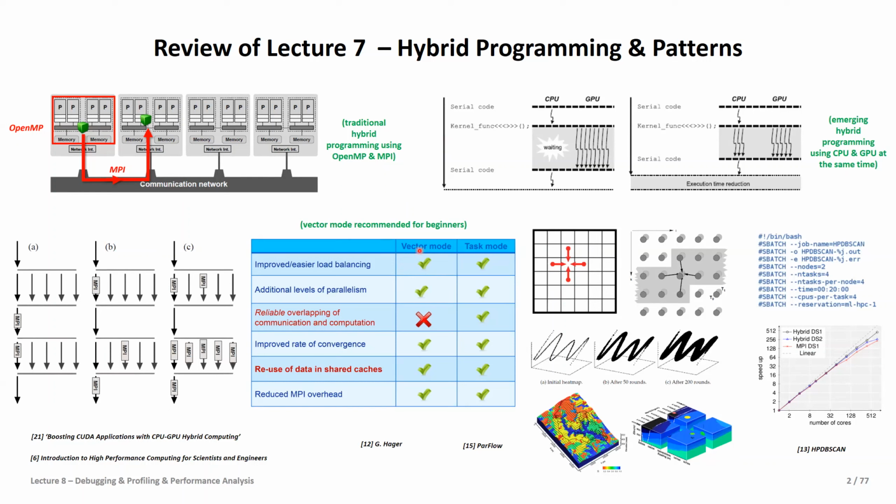So it's clean code in the sense that you don't mix up the OpenMP regions with the MPI. It has some drawbacks. Here you see the overlapping of communication and computation is a little bit limited, because you wait until the MPI send and receives are done, and then continue with another OpenMP parallel region, for example.